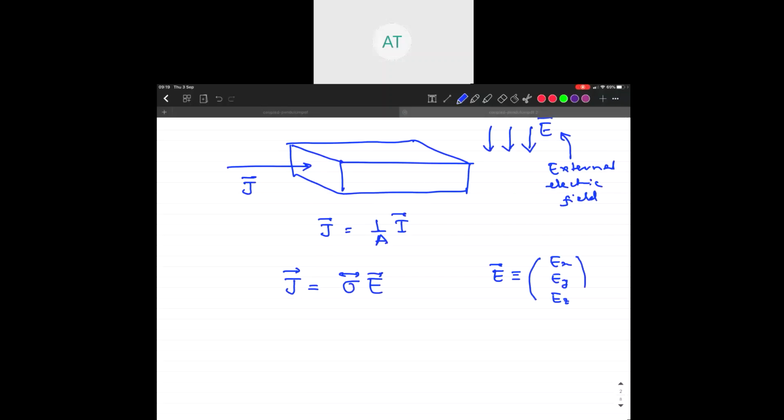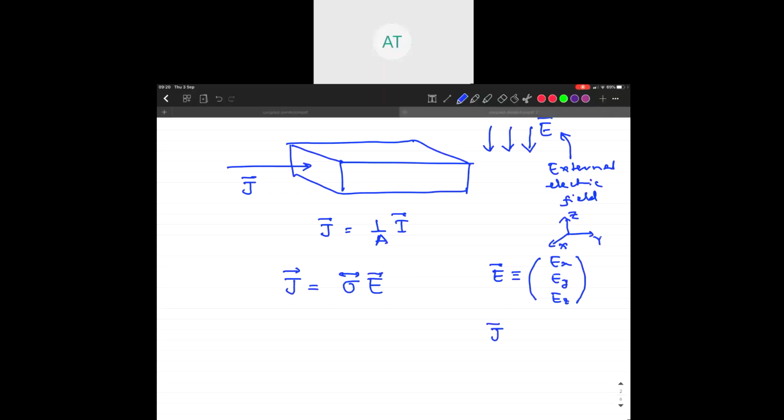You can consider these as electric field strengths along the X direction, along the Y direction, and along the Z direction in an XYZ coordinate system. So suppose we imagine an XYZ coordinate system. Then Ex, Ey, Ez are the electric field intensities along the x direction, y direction, and z direction.